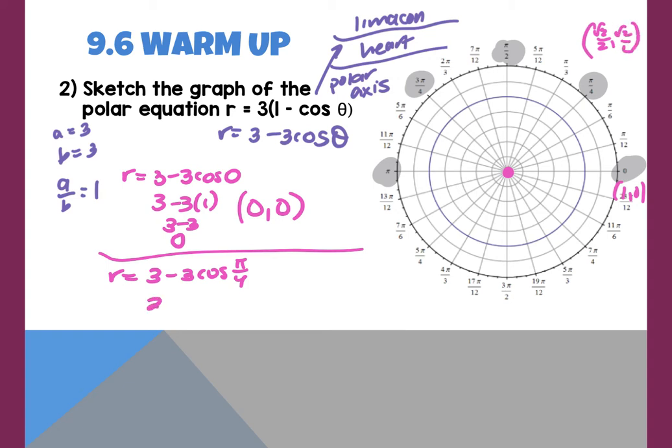So the cosine is root 2 over 2. We're going to approximate root 2 to be 1.4. 1.4 divided by 2 is 0.7. So 3 times 0.7 would be 2.1, and 3 minus 2.1 is 0.9. 0.9, pi over 4 is that coordinate point.